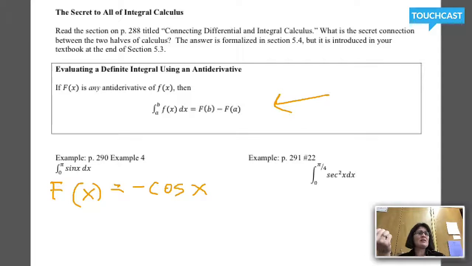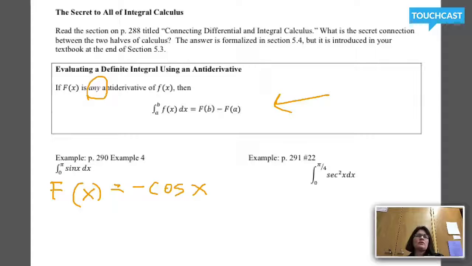Now I could have said negative cosine x plus 3, or negative cosine x plus 17, or negative cosine x plus any constant. I could have written my plus c, but notice this is a very powerful statement up here. All I have to do is think of any antiderivative. So I'm going to go with capital F of x equals negative cosine of x.